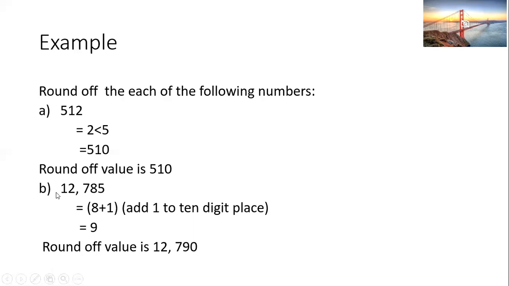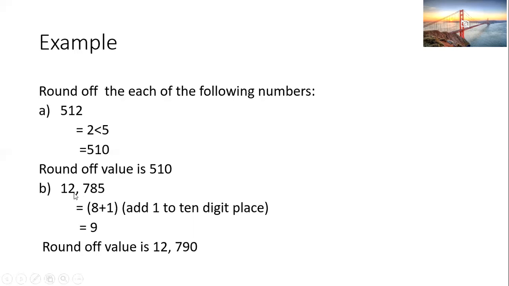The second option, B, is 12,785. The ones digit 5 is equal to 5. Right now, so you go to the tens place. What is the tens place value? 8. So you add 1 to the tens digit place value. 8 plus 1 is 9.